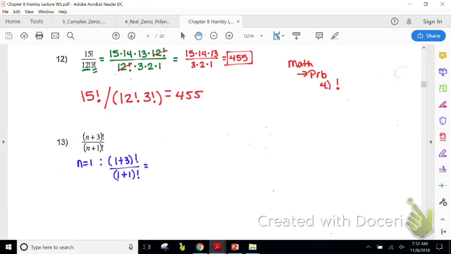Well, remember the factorial means we're multiplying, so PEMDAS tells us parentheses first. So we get 4 factorial over 2 factorial. So 4 times 3 times 2 factorial over the 2 factorial. And so we know it's 12.